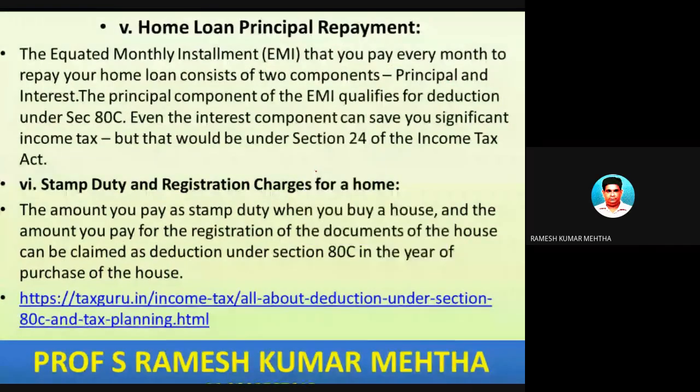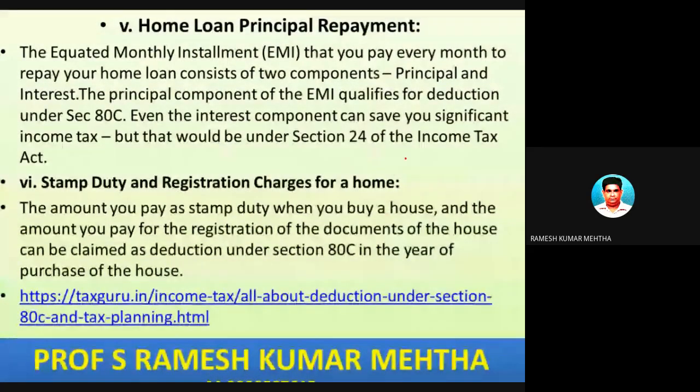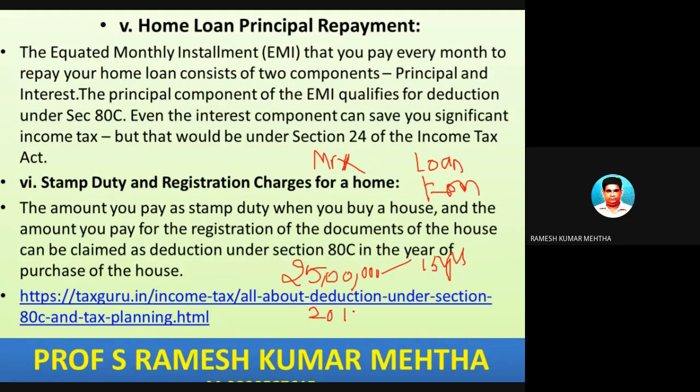For example, Mr. X, who is an assessee, has taken a loan from a bank for the construction or purchase or acquisition of house property, and he has taken some 25 lakh rupees. This loan is taken for 15 years, and it was taken in the year 2016-17, and this loan amount will be spread over 15 years.